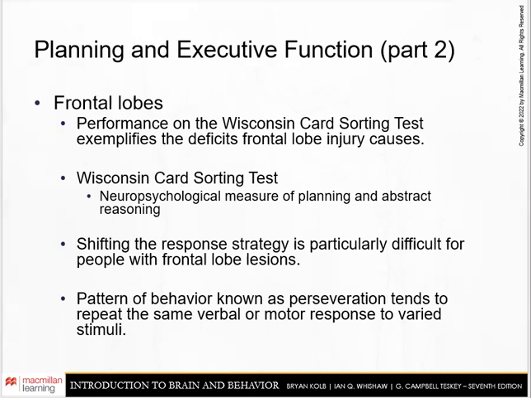With that change, individuals who have some frontal lobe damage are perseverating. Even though the rule has changed, where now you beat where you hit your thigh, beat where you clap your hands, they continue just tapping their thigh, which would be an example of perseveration.